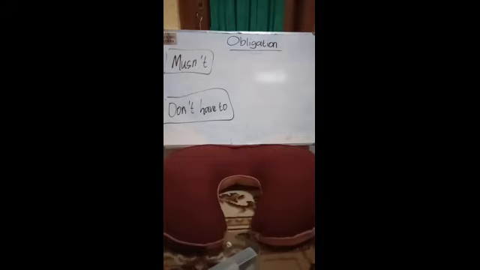Mustn't and don't have to are used to express the negative pattern of obligation. Mustn't and don't have to are used similarly, followed by infinitive or verb 1.